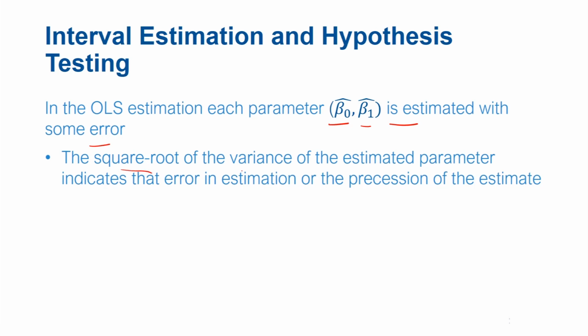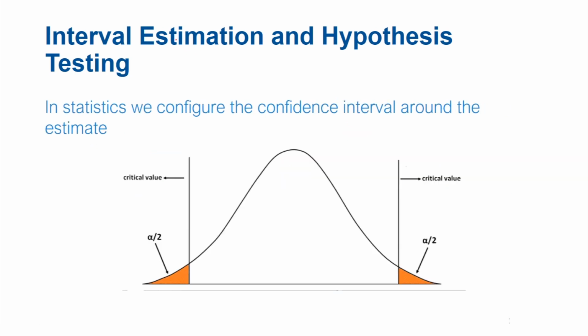The square root of the variance of this estimated parameter indicates that error in estimation, or essentially the precision of that estimate. This is the standard error of the estimate. Let us examine how this standard error plays a very important role in hypothesis testing and confidence interval estimation around this coefficient.